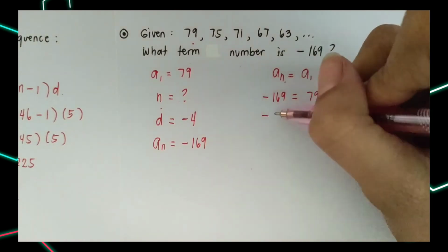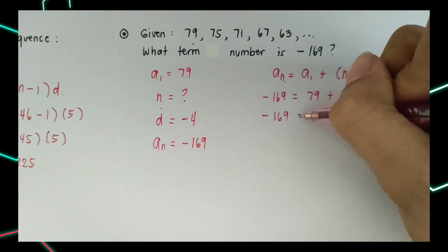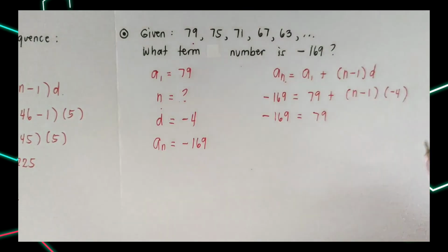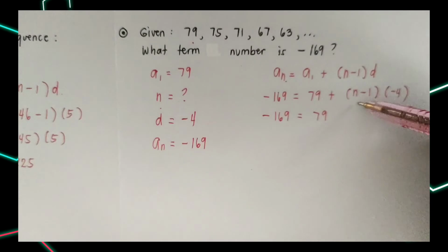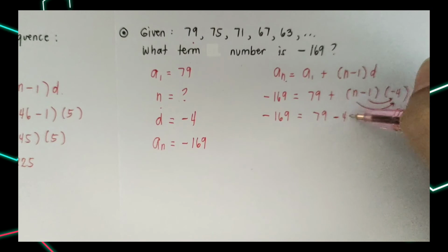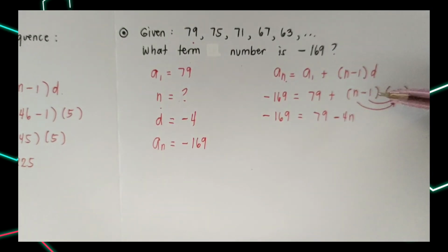Let's compute. Negative 169 is equal to, copy 79, and then this part, we will distribute negative 4 to our n, and then negative 1 to our negative 4. So, negative 4 times n is negative 4n. Negative 4 times negative 1 is positive 4.